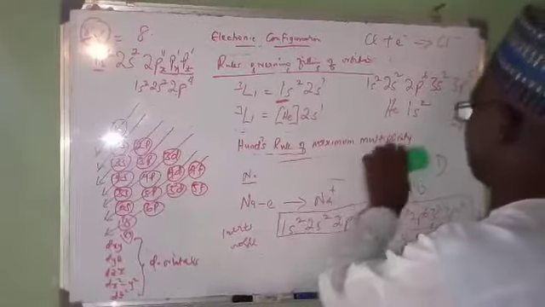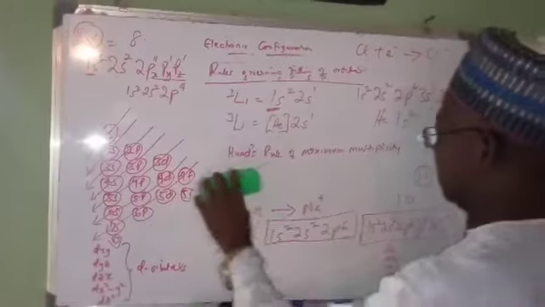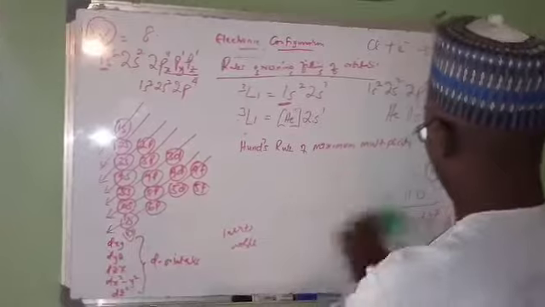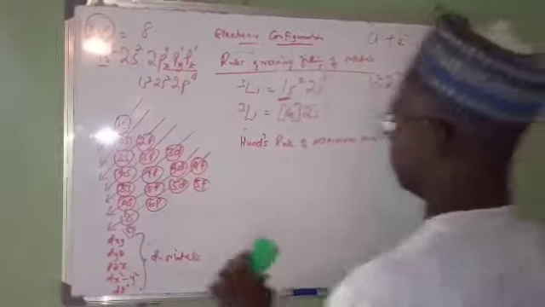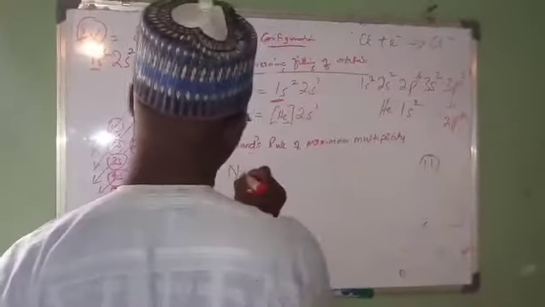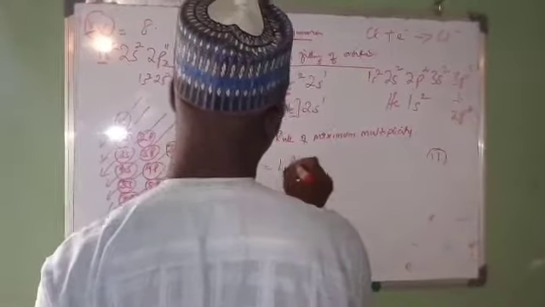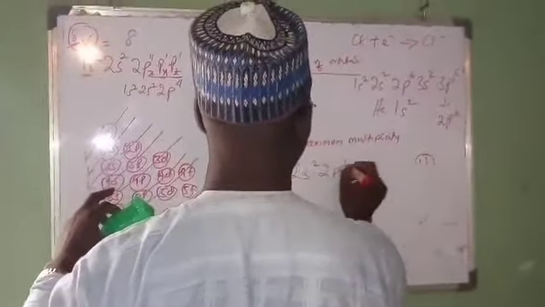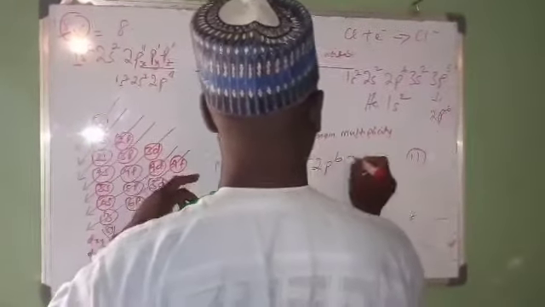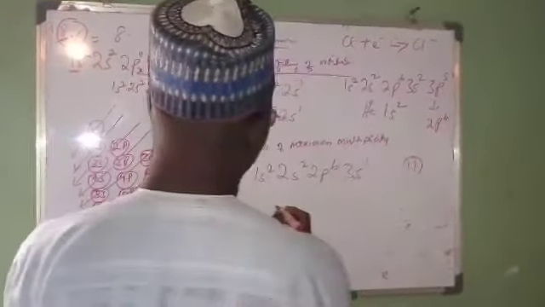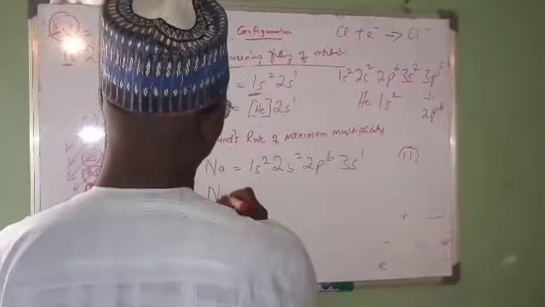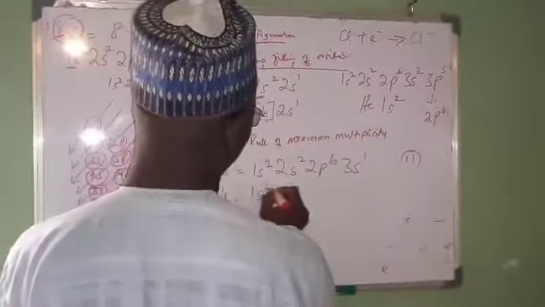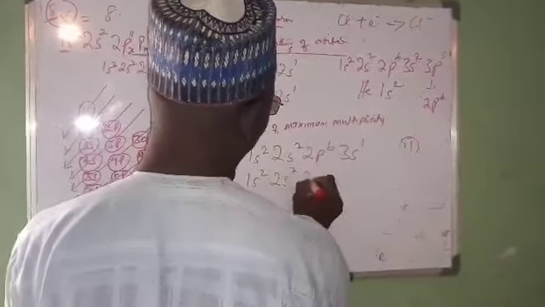Let us look at it. Sodium is 1s2, 2s2, 2p6, and 3s1. And we said neon is 1s2, 2s2, 2p6.